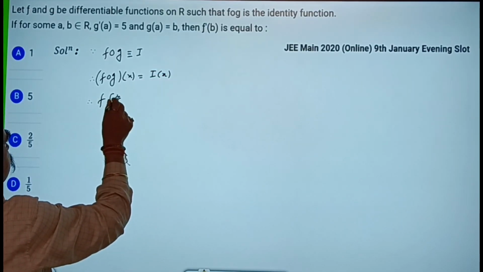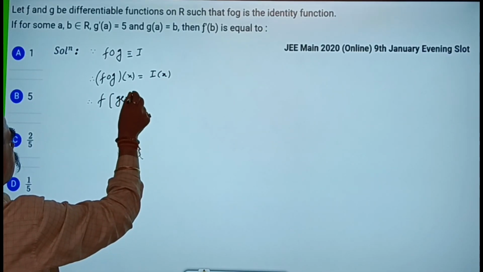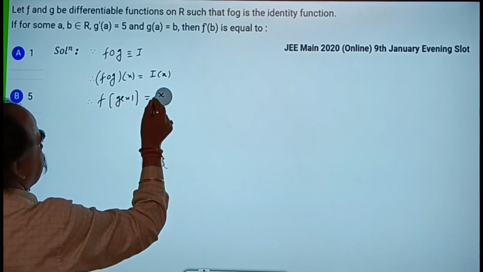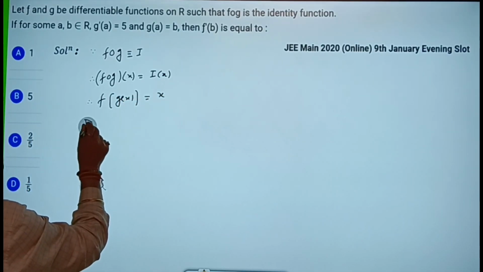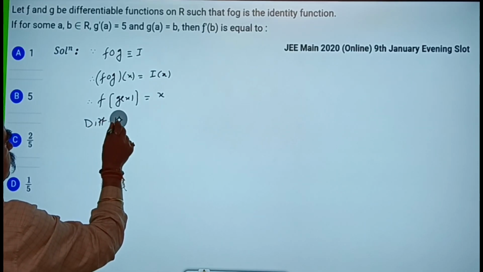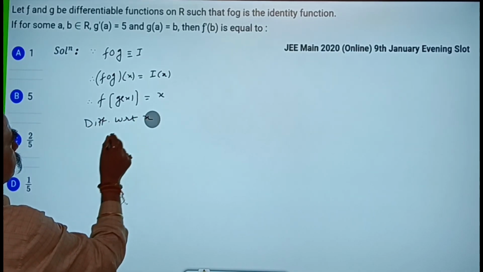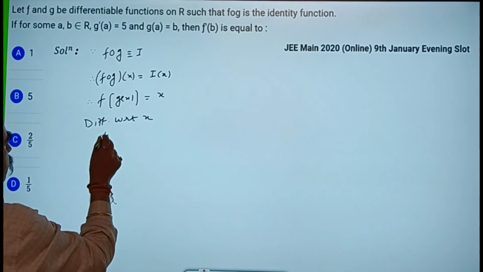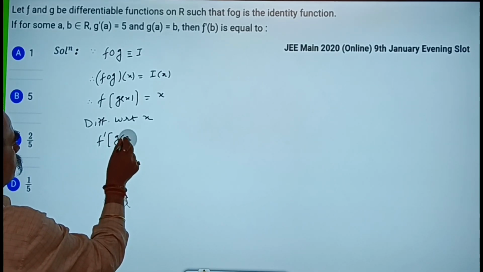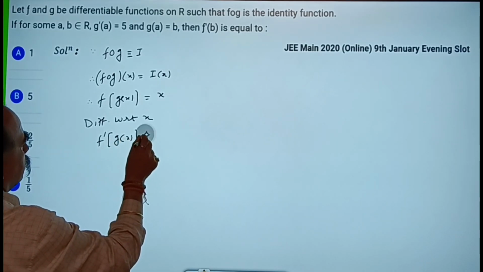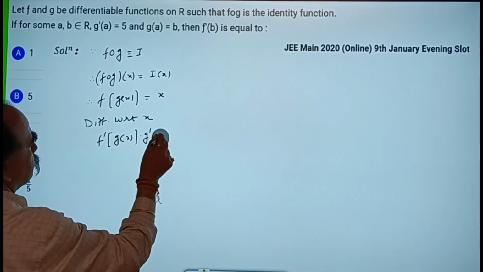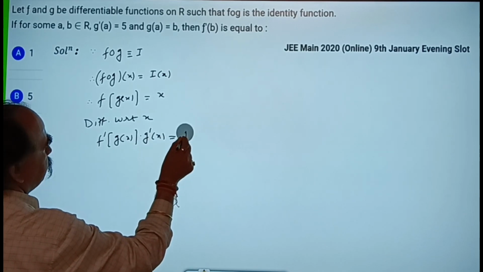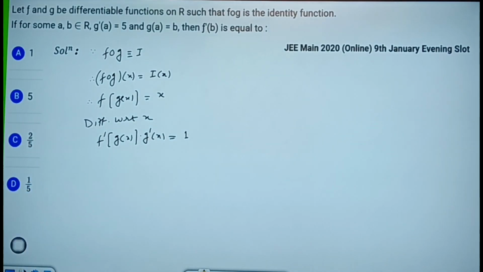So this is f of g(x), and the identity applied on x is x. Differentiating with respect to x, f dash g(x) into g dash x is the derivative of x, which is 1.